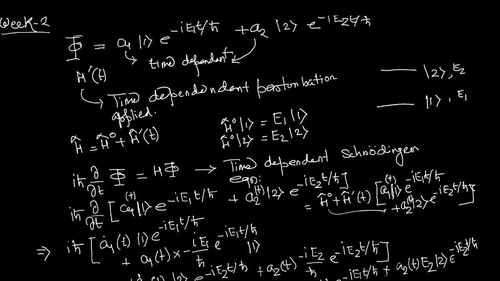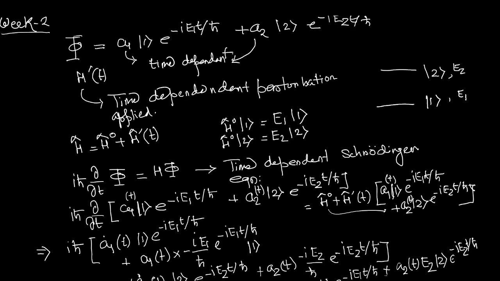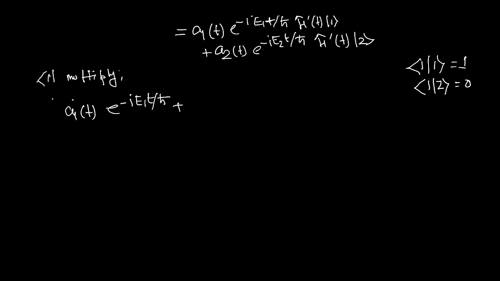So we will get e1t dot e to the i E1t by h cut plus, and the i and i square, that is minus, and h cut will cancel out. That will be a1t E1 psi 1 by h cut.